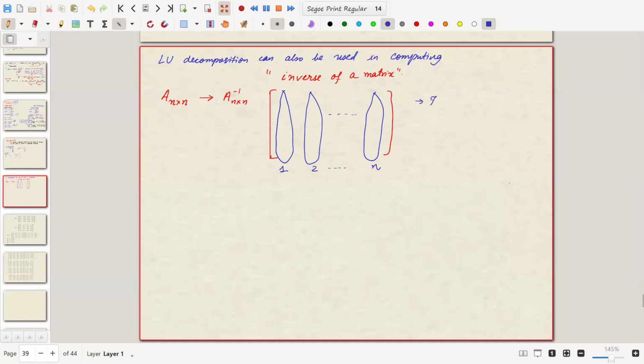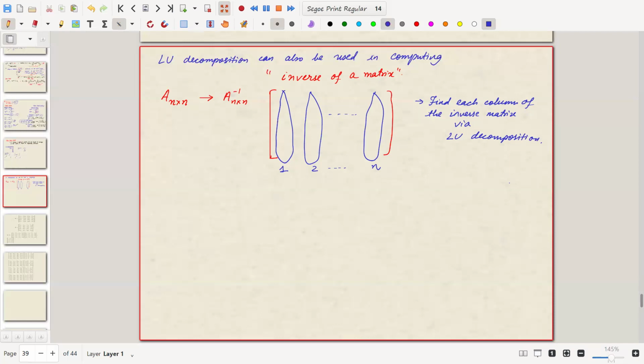We will find each column of the inverse matrix via the LU decomposition tool. This is the main idea of the method. How is LU decomposition helping here?